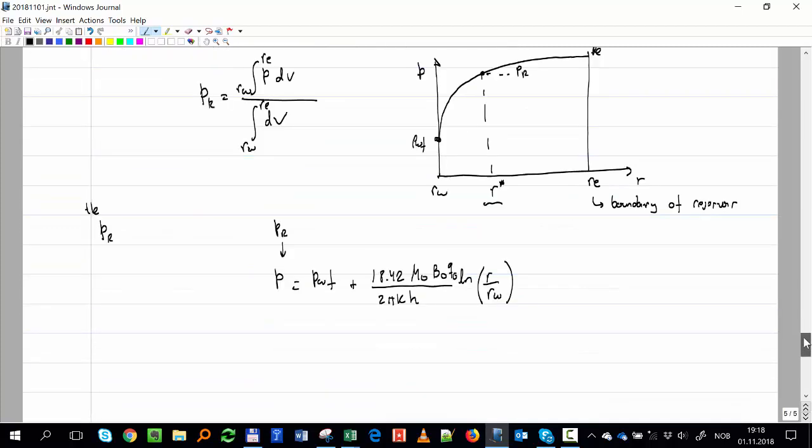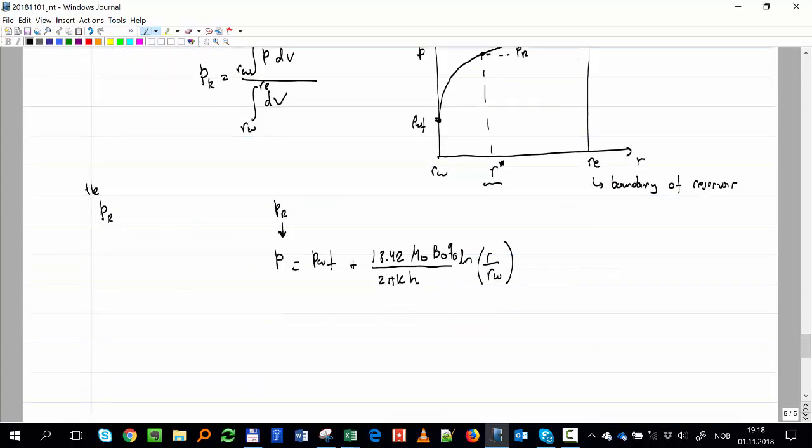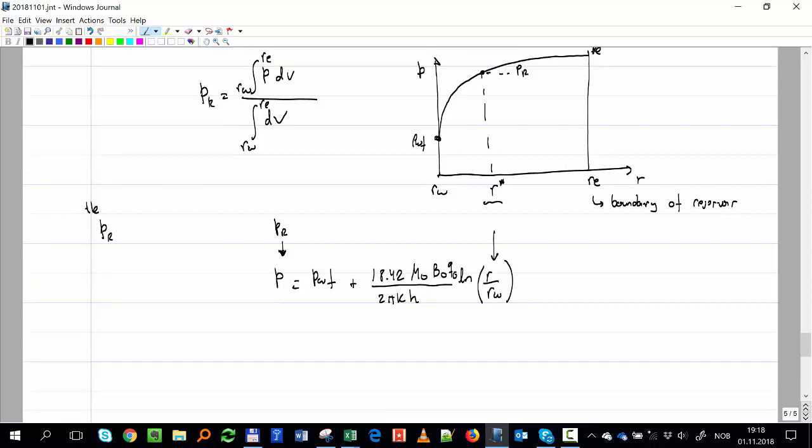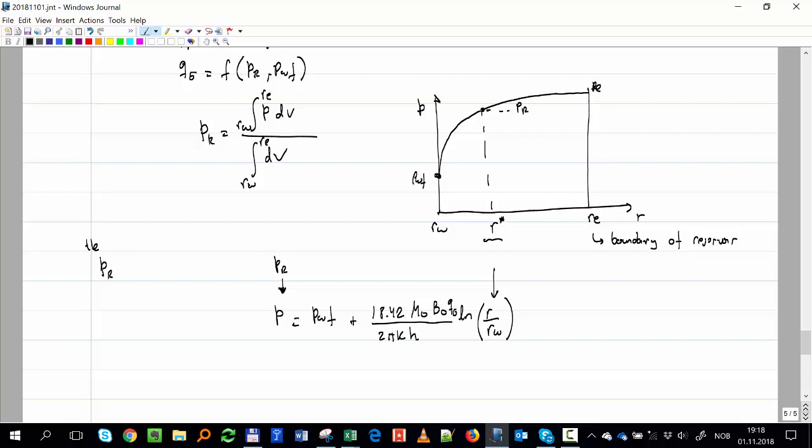So if we want to substitute P here, we have to substitute also a radius, the radius at which reservoir pressure occurs, even though reservoir pressure is this fictitious pressure that I get when I close the well. But it will happen at some radial position.